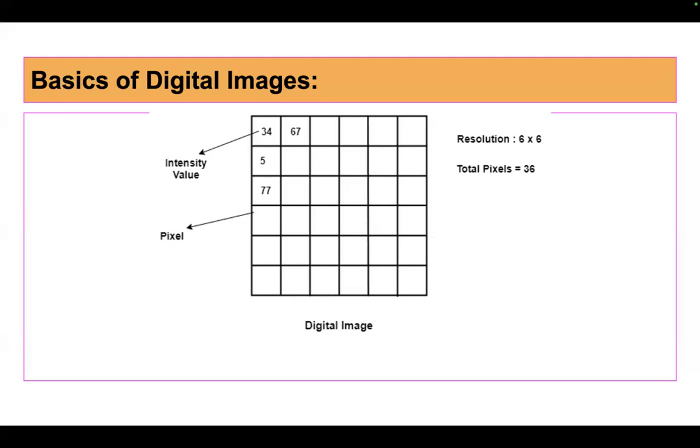Maybe the raw image is not so good, but after manipulating those different ranges of intensity, you can have a slightly better quality image. Are you getting my point, Abir? Yes, sir. Okay. Is it clear now? Yes, sir.